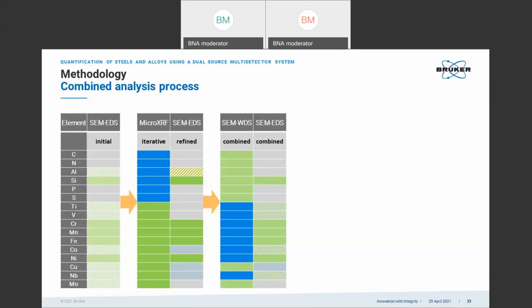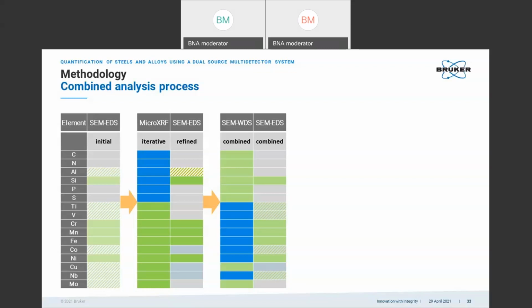For WDS, we also use a combination. We are measuring both EDS and WDS at the same time, so we get data simultaneously. For WDS, we get the low Z elements, shown in green here, and blue is what we cannot get nicely, or what we leave for better methods like micro XRF.